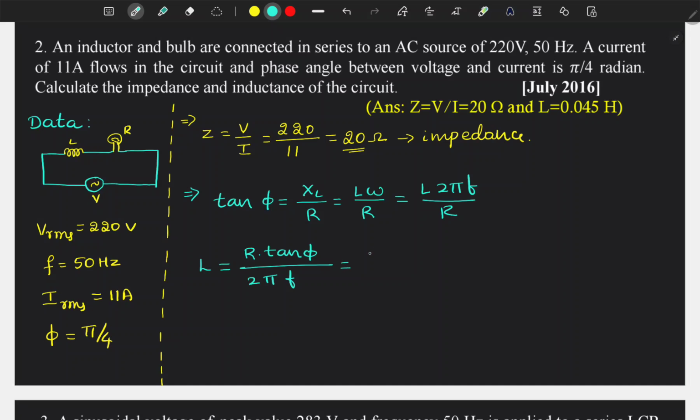So that is equal to R value is, I think it is given, bulb. So R value we need to calculate.